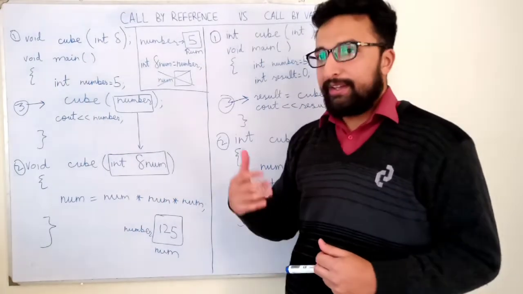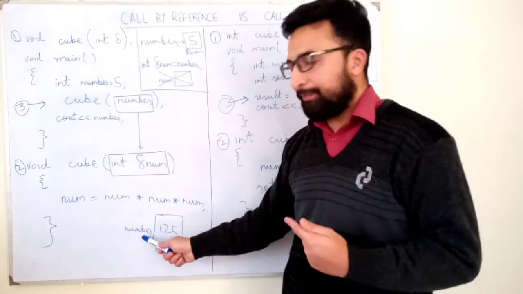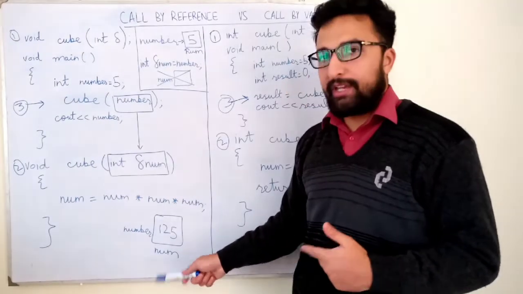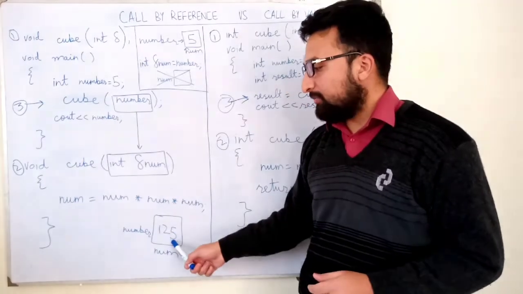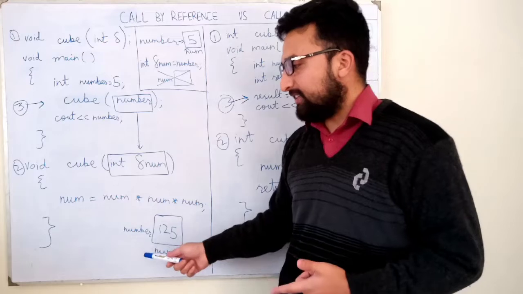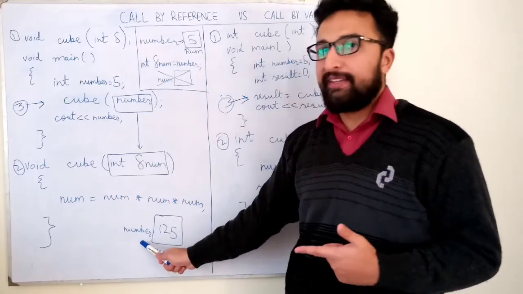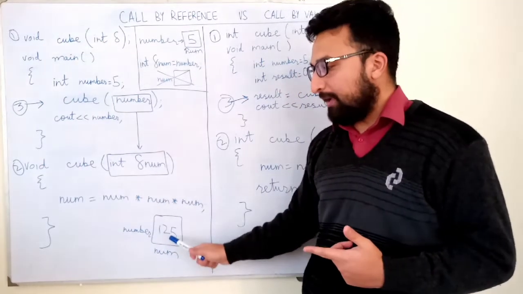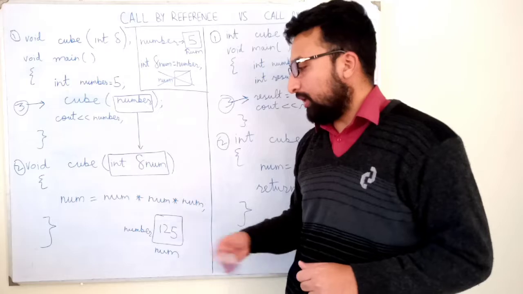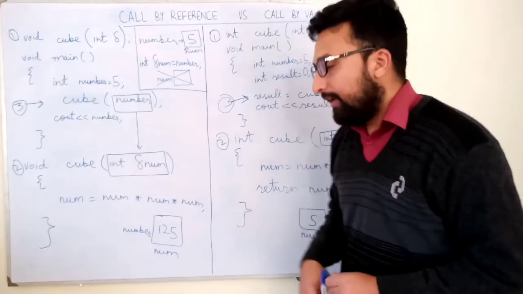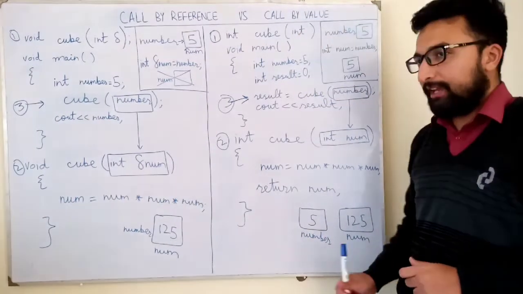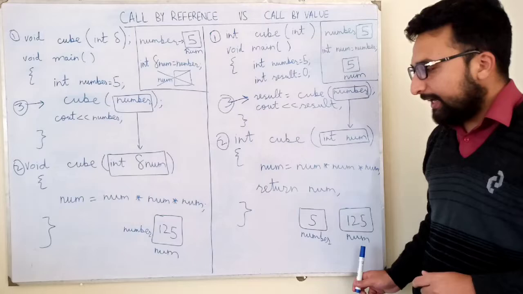We have accessed the variable number through the reference variable num. So this memory space that can be accessed both by the variable number and the variable num has now been updated to the value 125. Here we had two different variables, number and num.